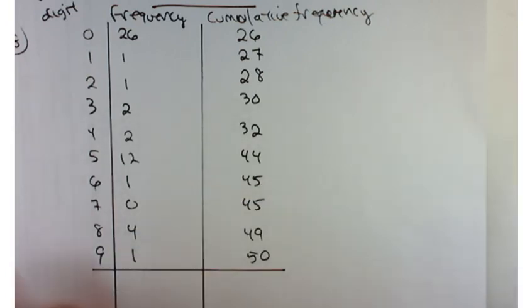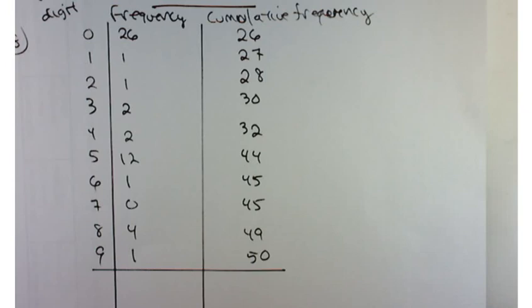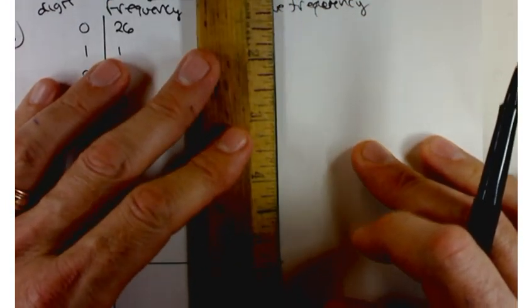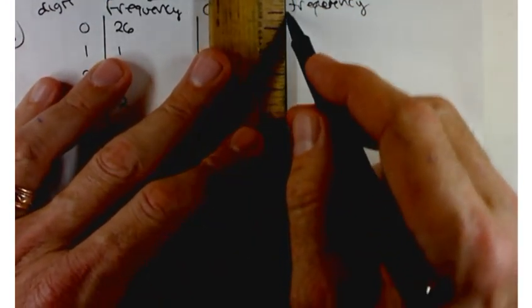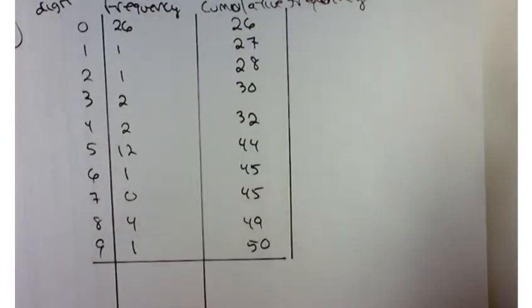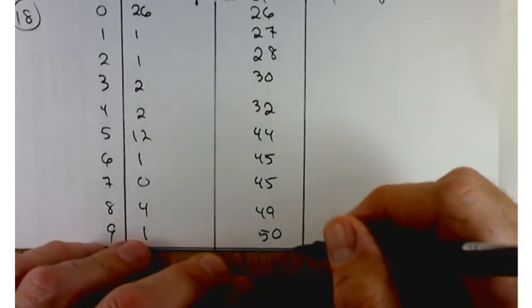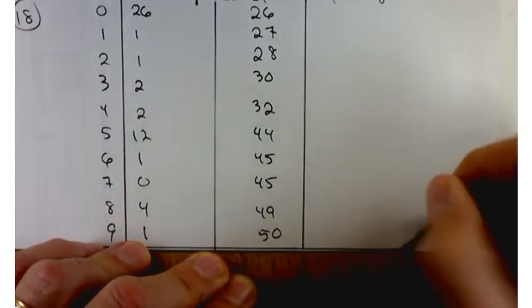The other convenient thing about this is that it tells me how many observations I have in this data set. There's 50 observations. If somebody else had a different data set and you wanted to compare them, it might be difficult because they have a different number of pieces of data. But one way you can compare on a more even basis is to look at the relative frequency.